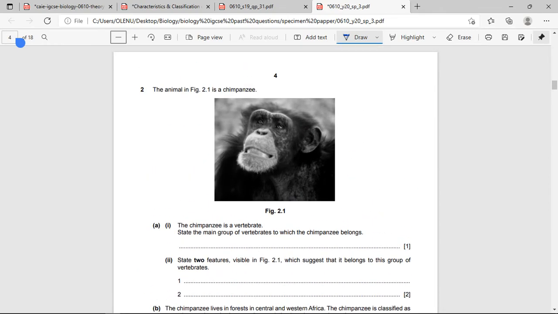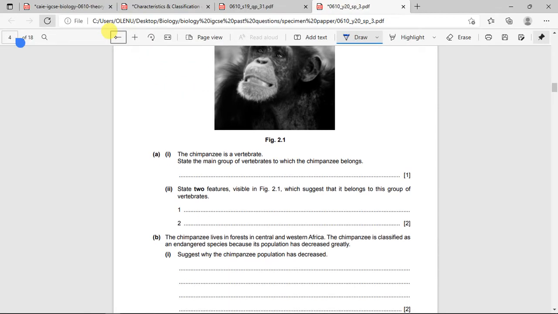Question number 2. The diagram in figure 2.1 is a chimpanzee, and the chimpanzee is a vertebrate. State the main group of vertebrate to which the chimpanzee belongs. The chimpanzee is a vertebrate and it belongs to mammals.